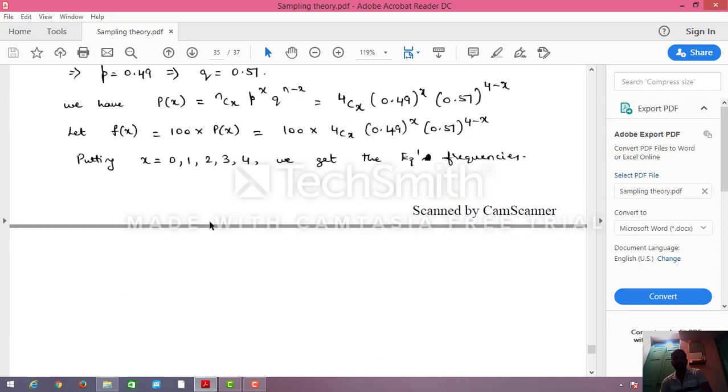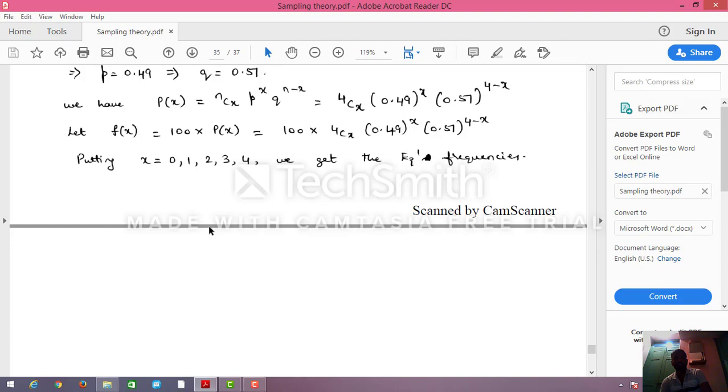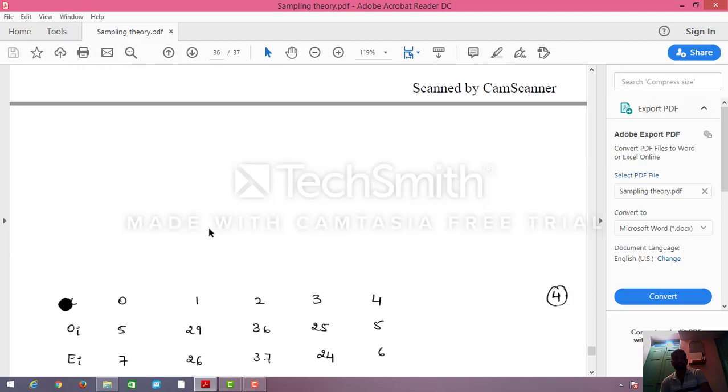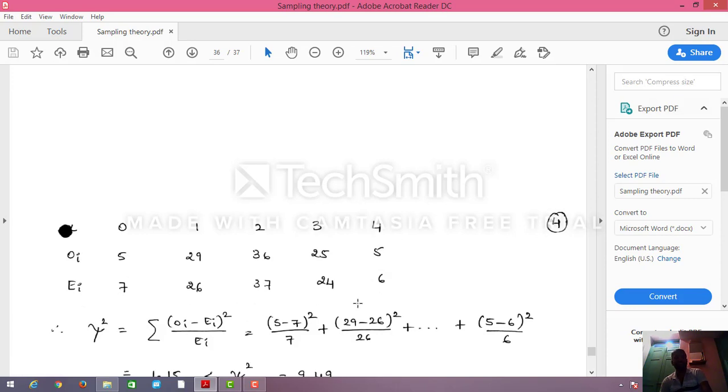If you give x equal to 2, you will get 37. X equal to 3, you will get 24. X equal to 4 in this equation, you will get 6. If you add all the expected frequencies, the sum should be 100. All these expected frequencies should sum to 100, so it should not exceed 100.